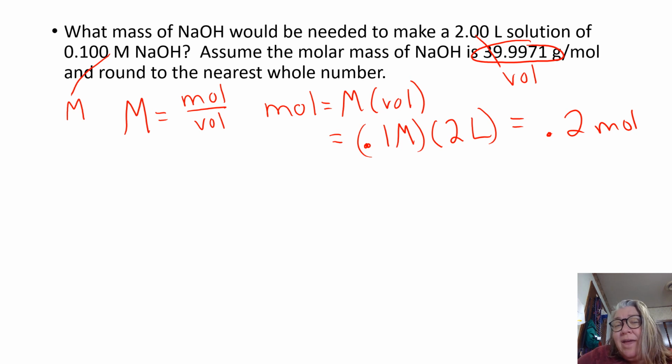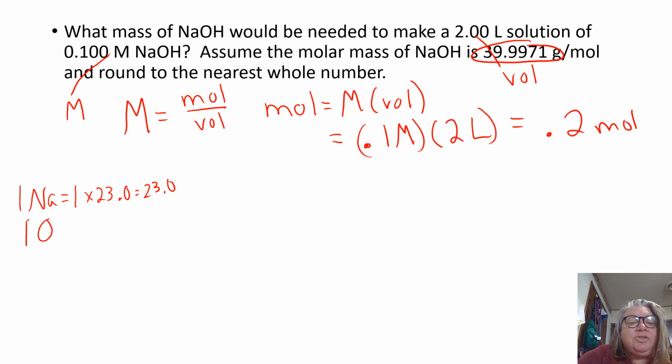39.9971. Where that comes from is the fact that you have 1 sodium. Remember I said that you take the mass off the periodic table. For sodium, that can round to 23.0. I like to round to 1 decimal in class. So it's actually like 22.99 something or another. There's an oxygen, which I'm going to round to 16.0.